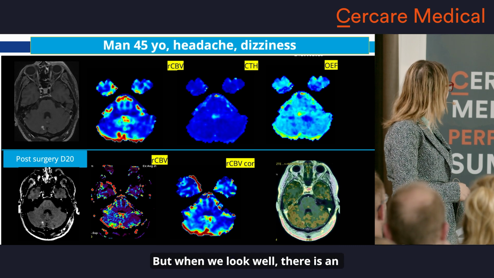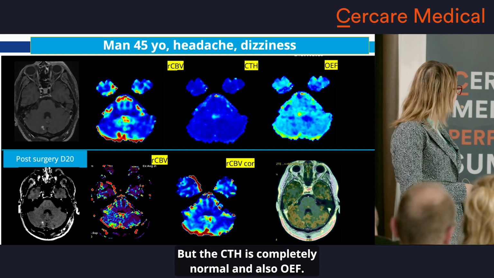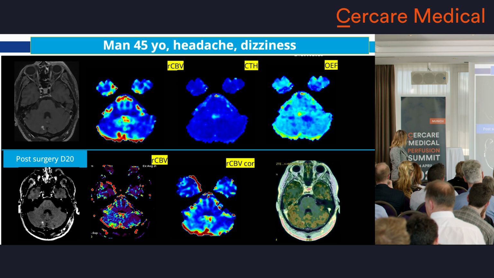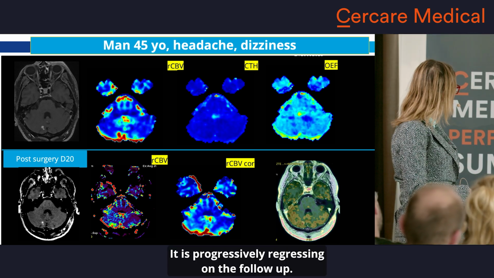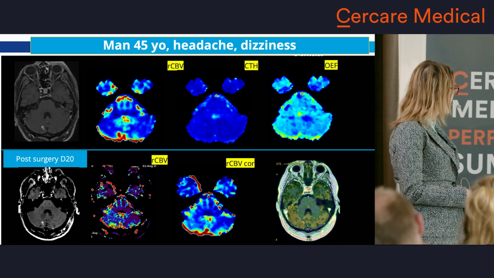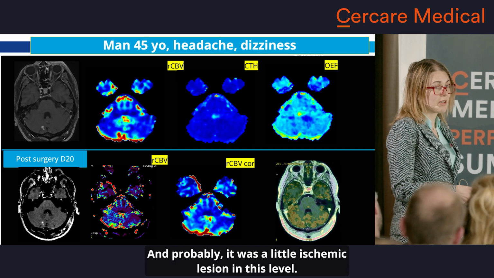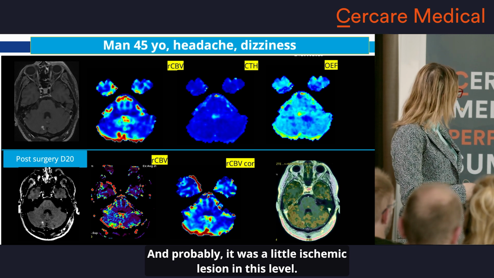But when we look, well, there is a hyperperfusion in this lesion, but the CTH is completely normal, and also OEF. There is no modification. And actually, this was not a tumor lesion. It is progressively regressing on the follow-up. There is no PET uptake, and probably it was a little ischemic lesion at this level.